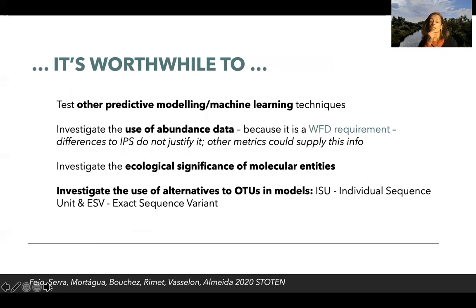We could also test the use of alternative molecular data, such as the individual sequence units or the exact sequence variants, in order to have more meaningful ecological outputs. This is something that we can test with these models.